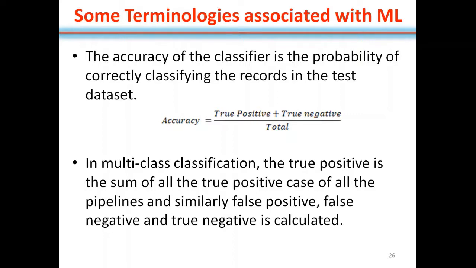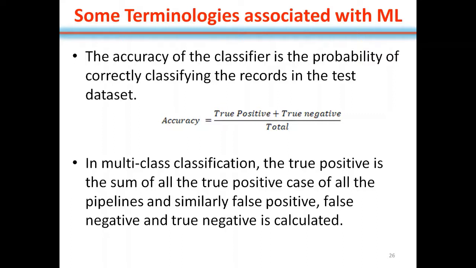For example, suppose there are two values A and B. If A is classified as A, then that is called true positive. If B is classified as B, then that is true negative. If A is classified as B or B is classified as A, then that will come under false positive and false negative.